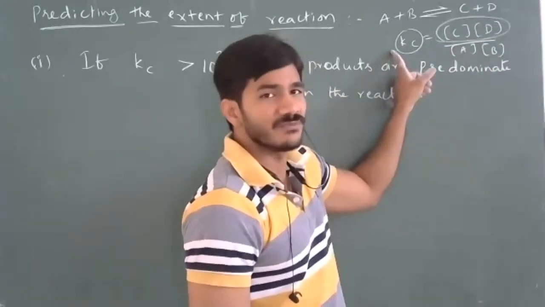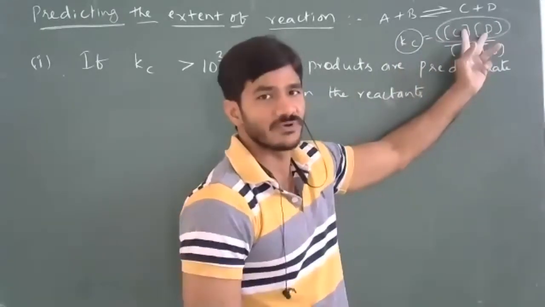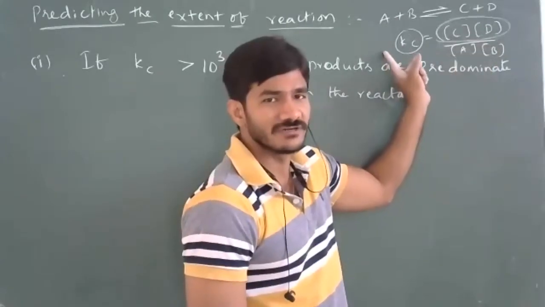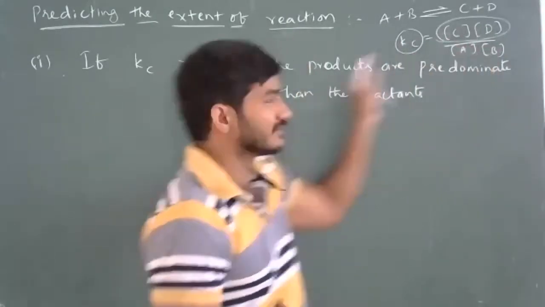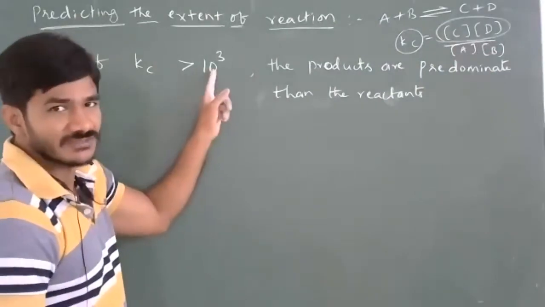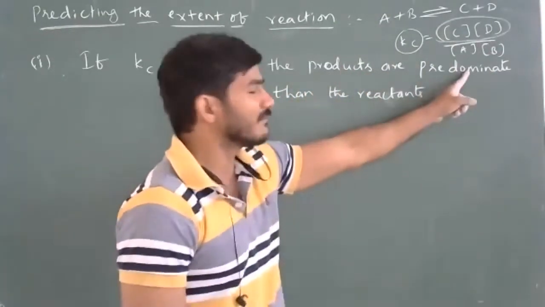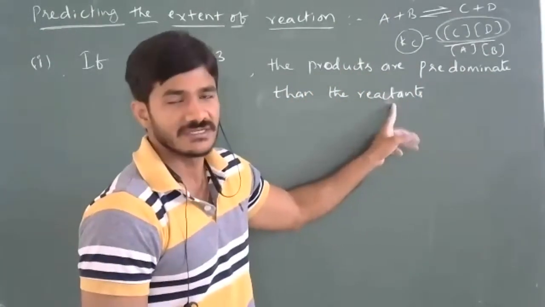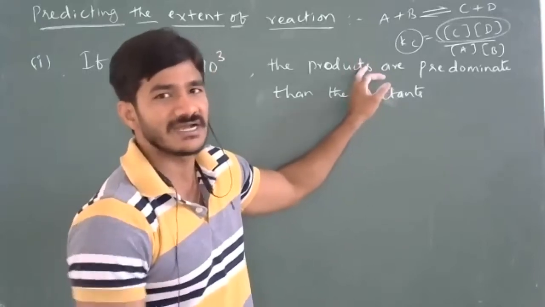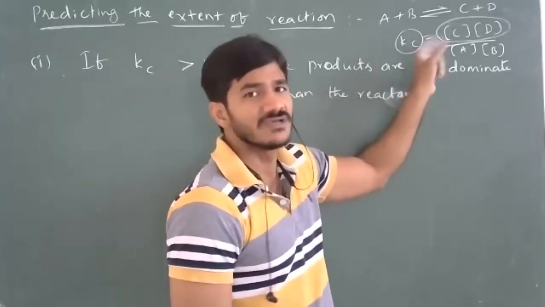If Kc value is more, product concentration is more. If Kc value is more than 10 cube, products are predominant over the reactants.